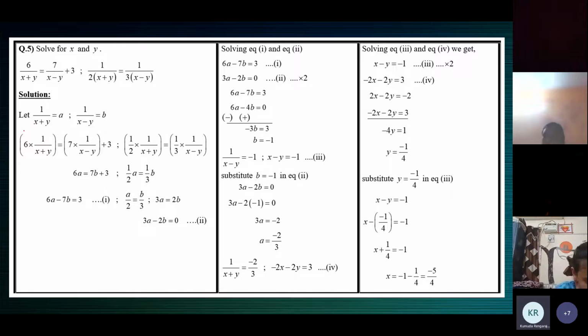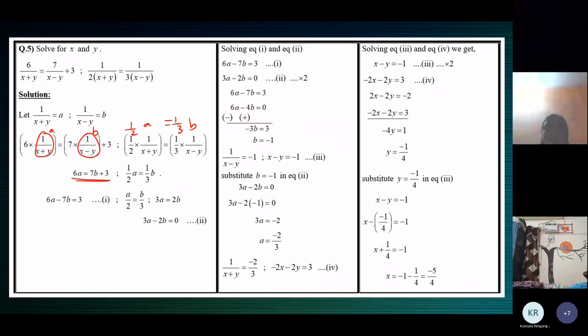Okay, so we have 6a is equal to 7b plus 3. That's the first equation. We have to assume this one as a and this one as b. And here, half a is equal to 1 by 3b.